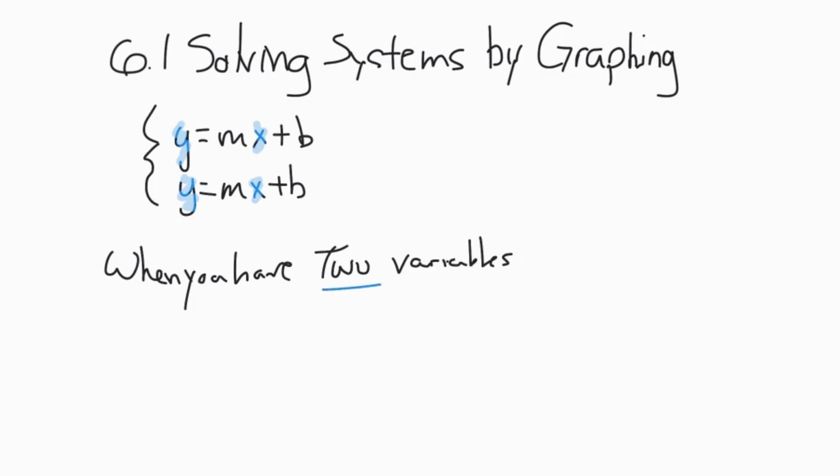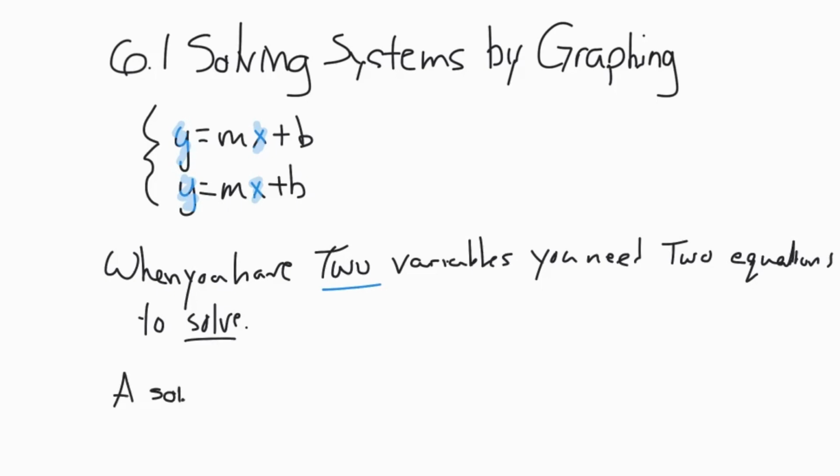When you have two variables, you will need two equations to solve it. And when we mean to solve, a solution is an ordered pair. So that's going to be an x, y coordinate.